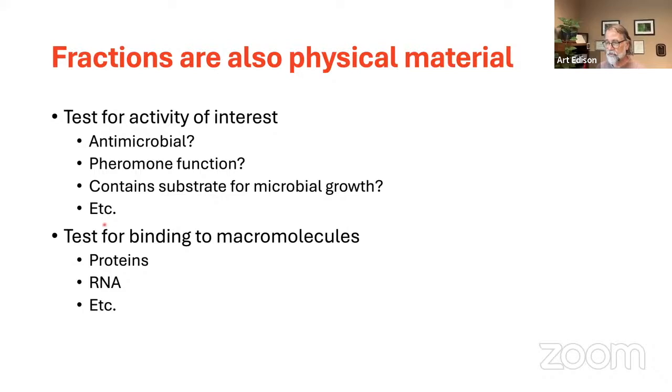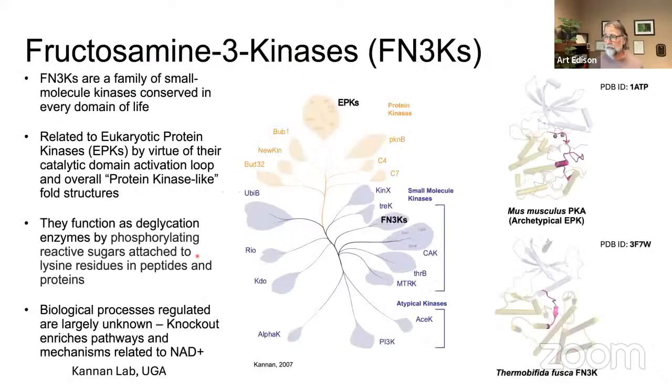You could start to test these fractions. And then you can also ask, do these fractions bind to macromolecules, proteins, RNA, other macromolecules? That's what I'm going to focus on for the rest of this talk: what you could do with this macromolecular binding.